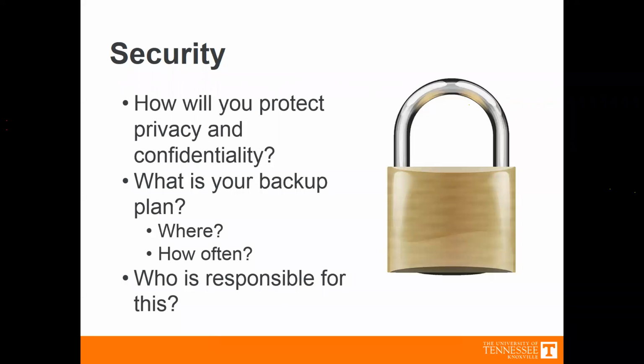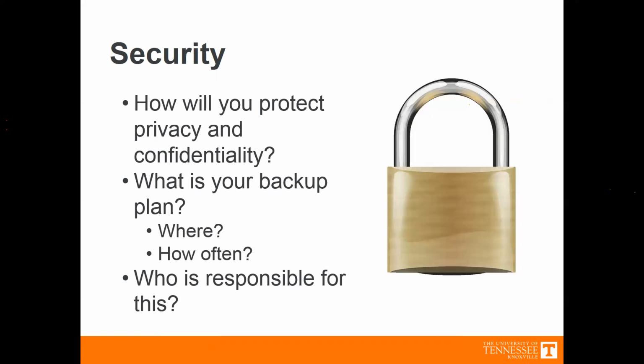HIPAA is a good resource for making sure that your data does not contain human identifiable information. And there's a HIPAA list, which I can share with you as well. It's a list of, I can't remember, 16 or 19 different identifiers that you would want to make sure that your data does not include. So if it does include it, you would strip that out before you make it publicly available.